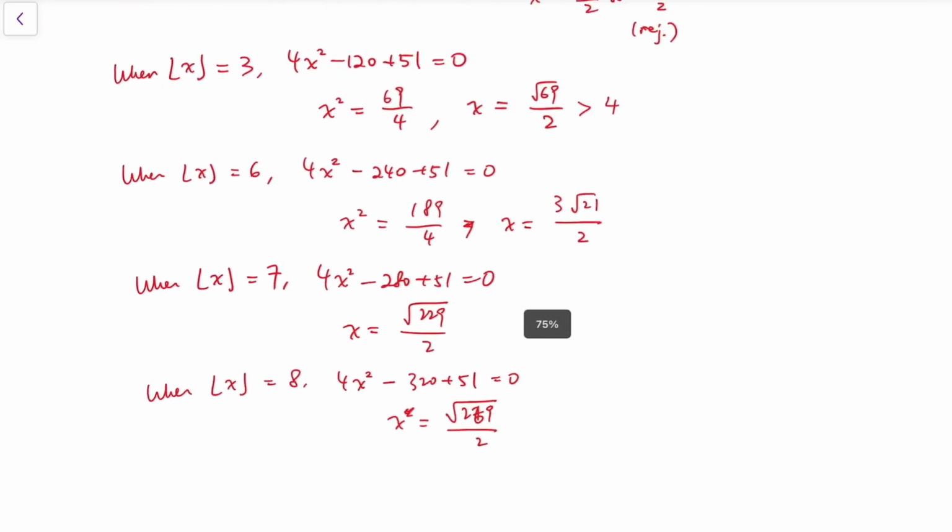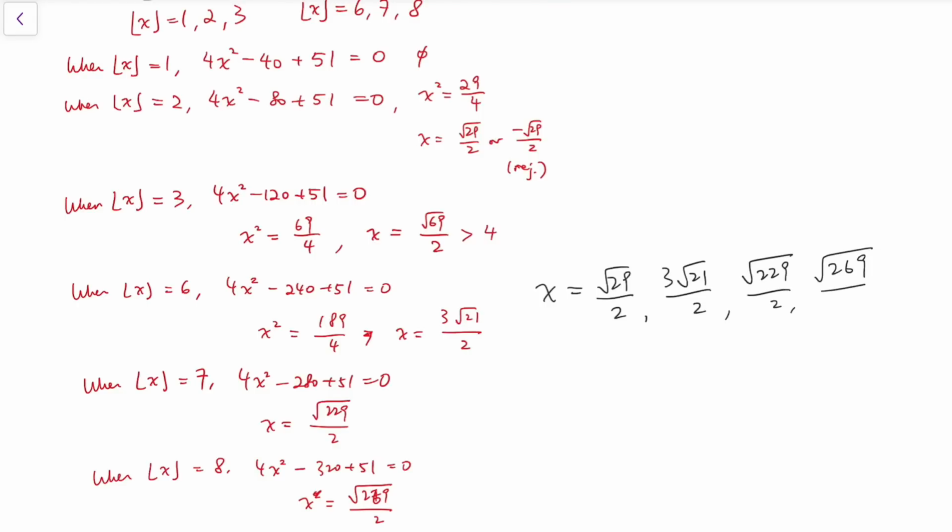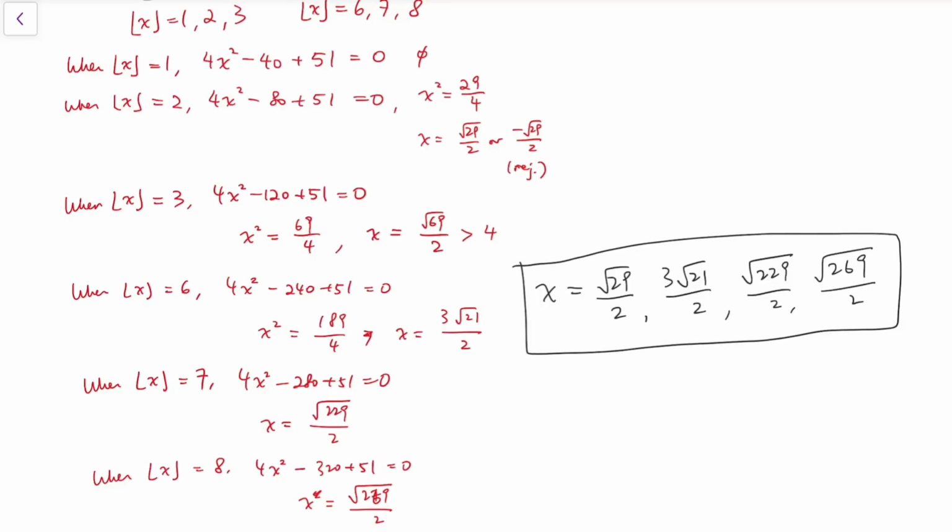So again, it's a valid solution. So altogether, x can be either root 29 over 2, 3 root 21 over 2, root 229 over 2, and root 269 over 2. So this is the final answer.